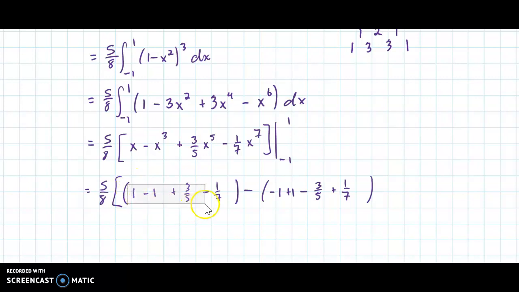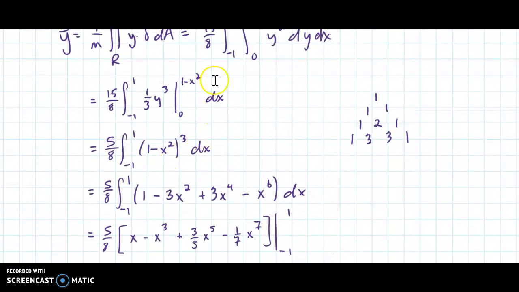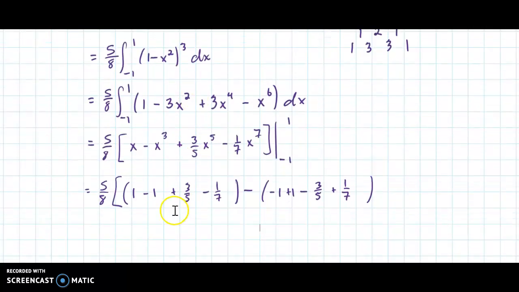You should see that this piece is exactly the same as this piece if I were to apply that negative into all these guys. So what I said earlier would work, and this should show it to you a little bit, but if you don't catch that, you just have to evaluate a couple more things, and you don't get to take advantage of the zeros. So 5 over 8, all right, so I've got those guys cancel, and those cancel.